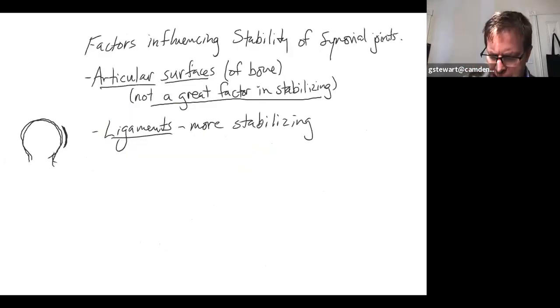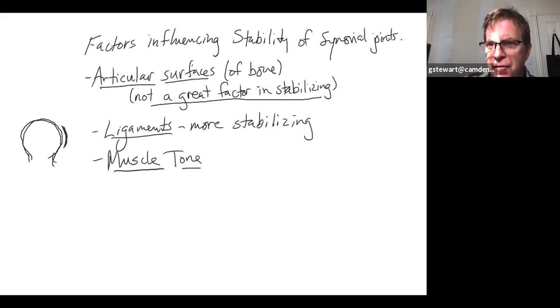And finally, muscle tone. Most people don't know this, but the muscles surrounding the joint are actually the greatest stabilizing factor, which is why physical therapy really works in most cases, not all.